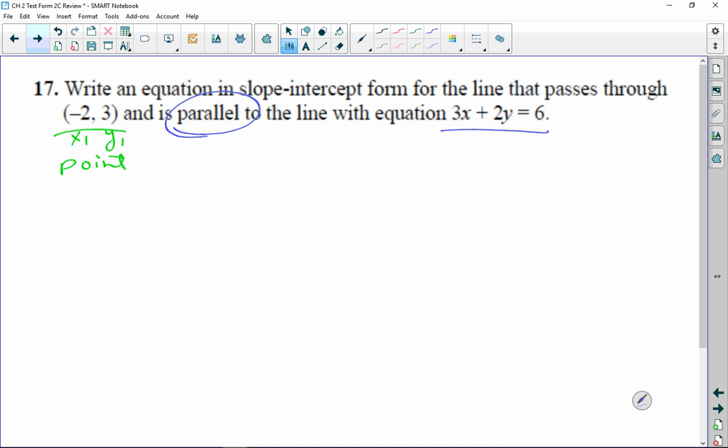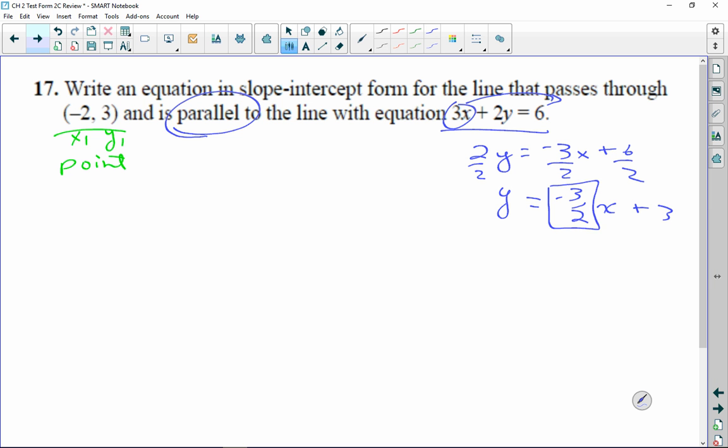I got to get it in slope-intercept form, which means I got to move that. And then I got to divide by 2. So my slope is that. So the slope I'm going to use for this line is going to be the same as that one.